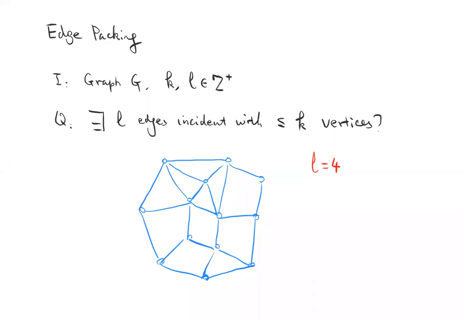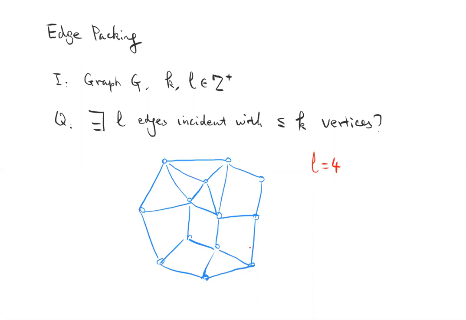One way to do it is I use this edge, this edge, this edge, so I use 8 vertices. The largest number of vertices I can use will be 2L, because each edge is incident with 2 vertices. Now we want to use as few vertices as possible. Of course, this is not a solution. There are other ways where I can use fewer vertices.